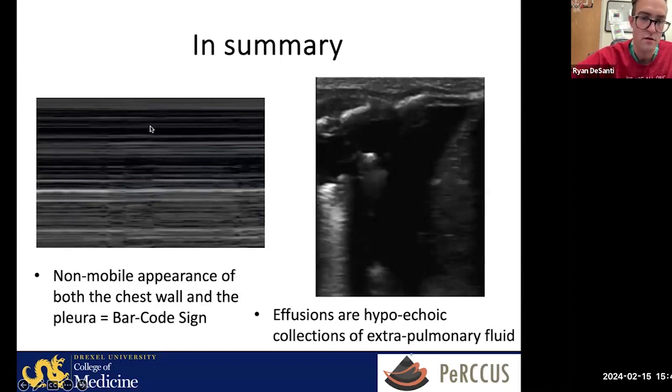So this is the sea and then shore. And then finally, effusions are hypoechoic collections of extrapulmonary fluid. Simple effusions are typically anechoic and tend to be in dependent lung regions. And then complex fluid collections are hypoechoic, can have septations, and can be in any lung region, depending on what the cause of the effusion is.